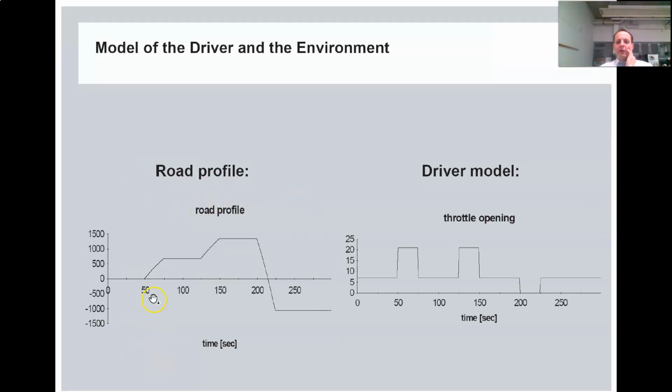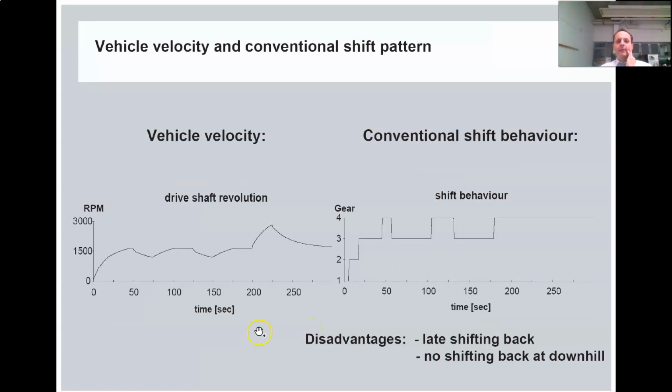And of course, you have also the road profile represented in this picture, and the driver model, which represents in principle the values of the throttle opening. So this is the reference, for example, for your model. And then you can consider the vehicle velocity depending on the drive shaft revolution. So it's increasing, decreasing, constant, depending on the driving cycle.